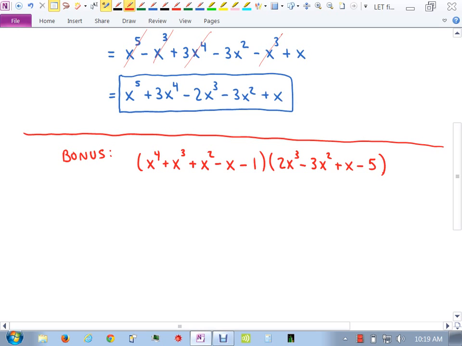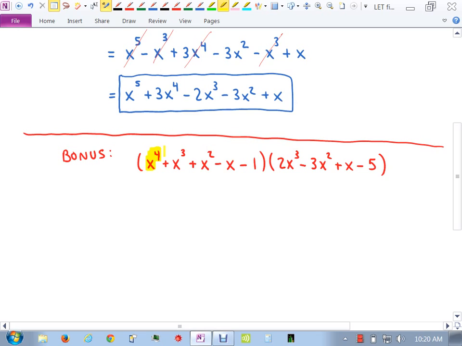Now look, the idea here is that it's a procedure, it's a process, okay? You do the same thing that we just did. You start with the first term, right? And what do you do with that first term? Distribute to everything in the other parenthesis. Once you've done that, you move to the next one, distribute. Next one, distribute. Next one, distribute. Next, and then get all those terms together and add them up.